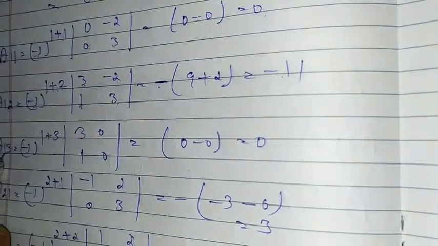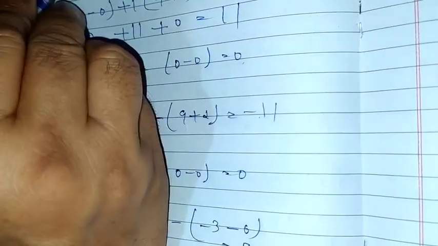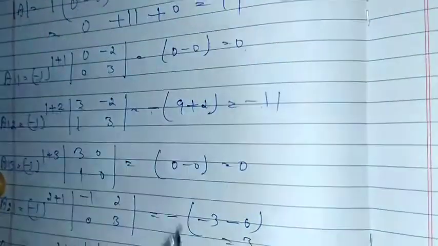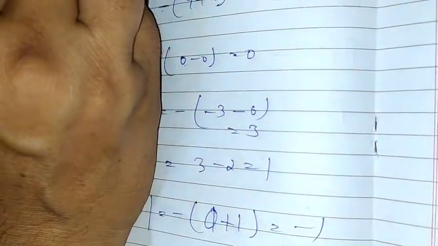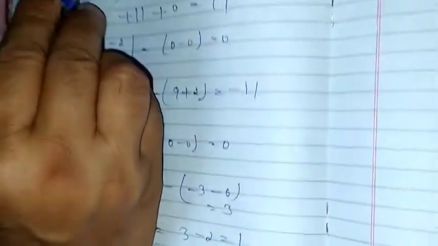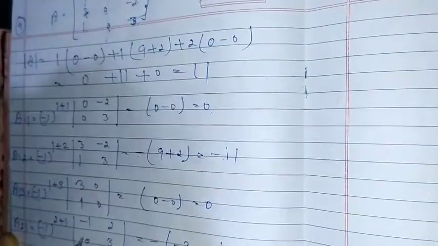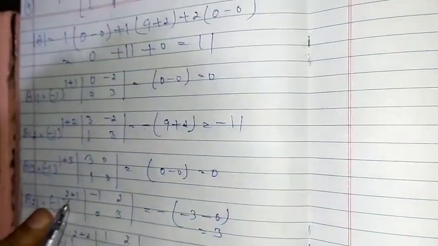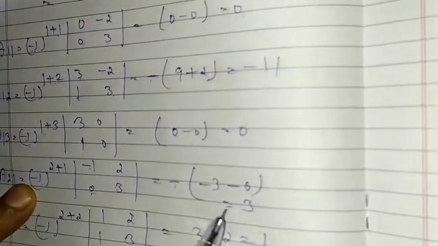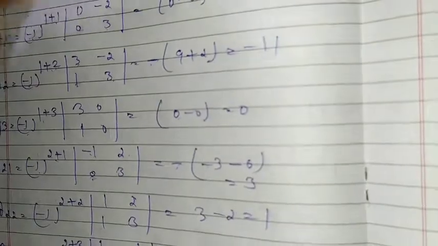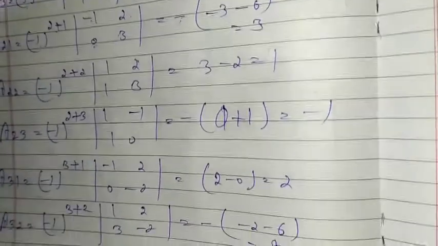Cofactor A13, leaving out this row and this column, it becomes positive 0. A21, leaving out this row and this column, minus 1 to the power 3 is negative, minus 3 minus 0. Similarly, we can find the cofactor of all.